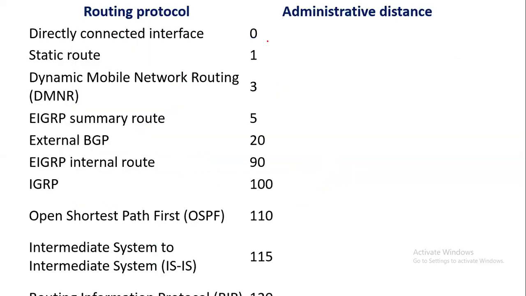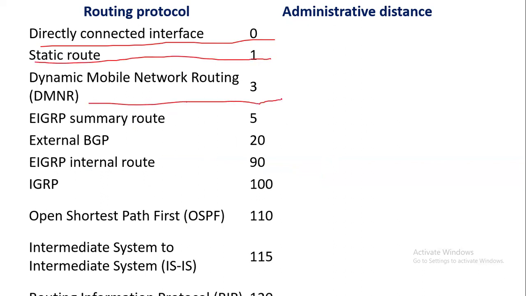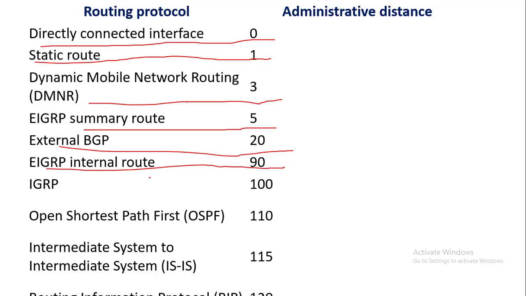So I have listed some protocols with their defined values. If it is directly connected, that is 0. Static route is 1. DMN, direct mobile network, is 3. EIGRP summary route is 5. External BGP is 20. EIGRP internal route is 90. IGRP is 100. OSPF is 110.